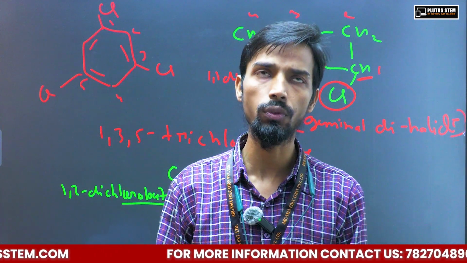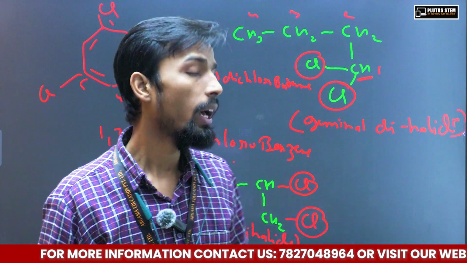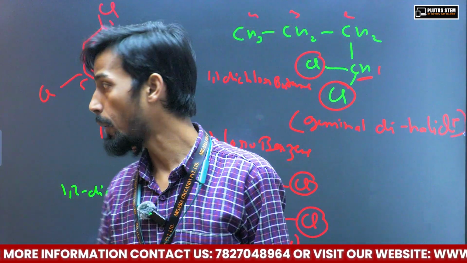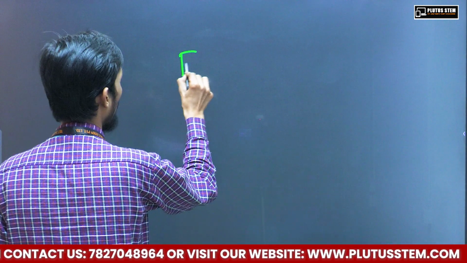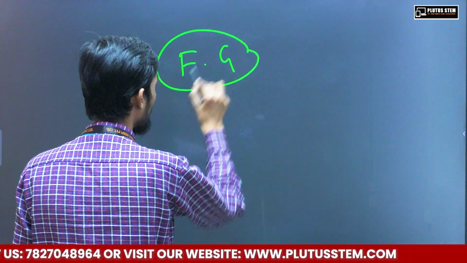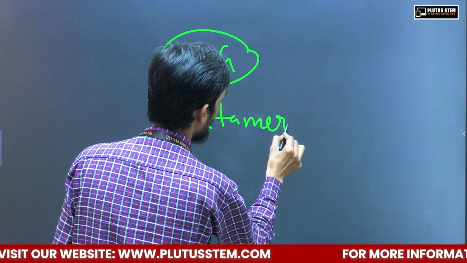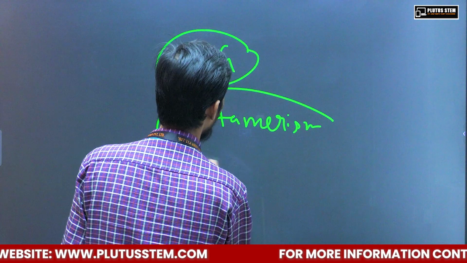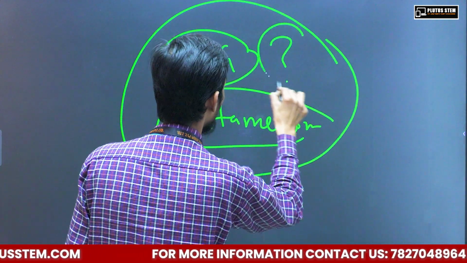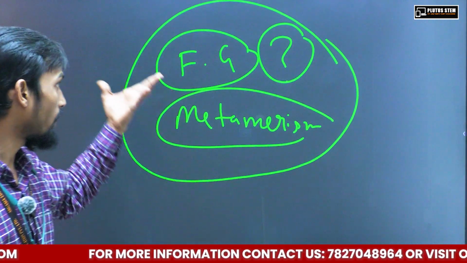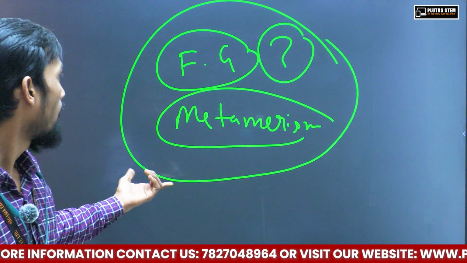So in the next class, we are going to discuss a bit regarding the isomerism of these halogen compounds. Are we going to see functional group isomerism and metamerism in this alkyl and aryl halide?